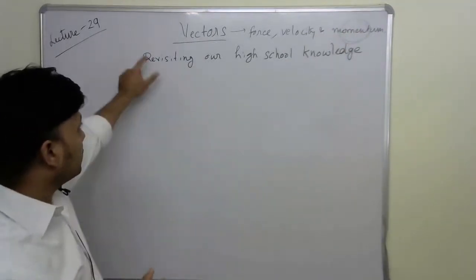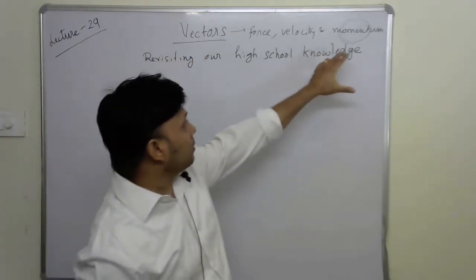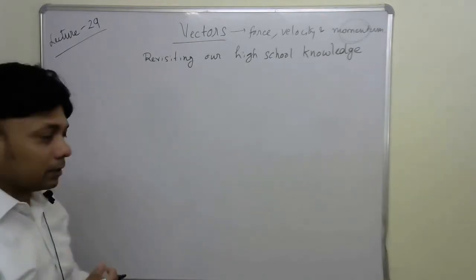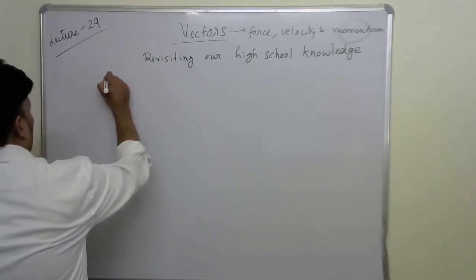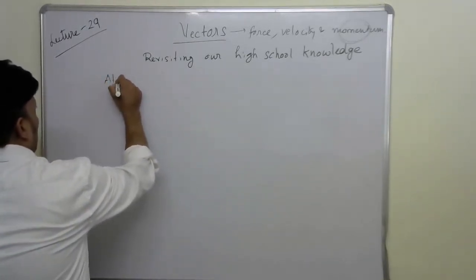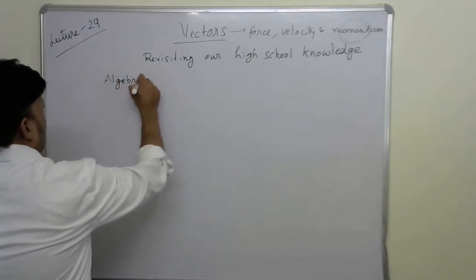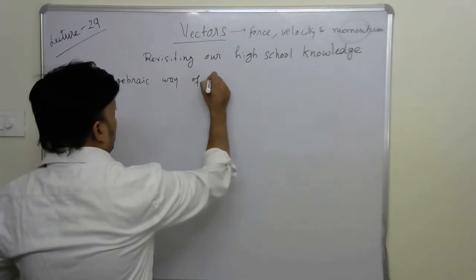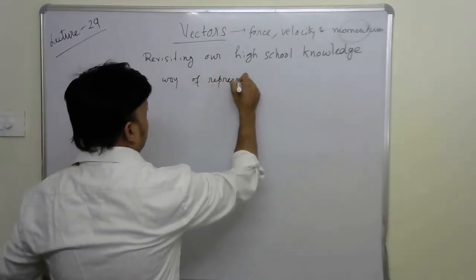Since momentums are nothing but vector quantities, we have to learn some basic properties of vectors. So today we are going to concentrate on the algebraic way of representing vectors.